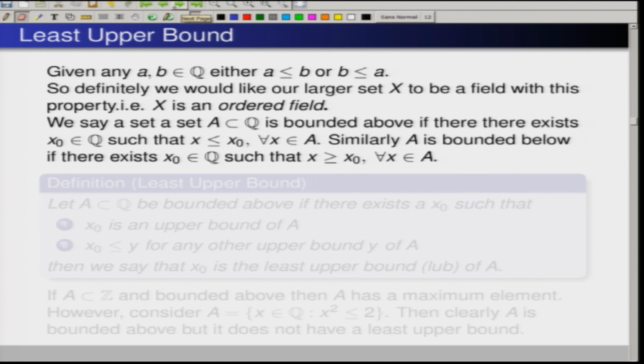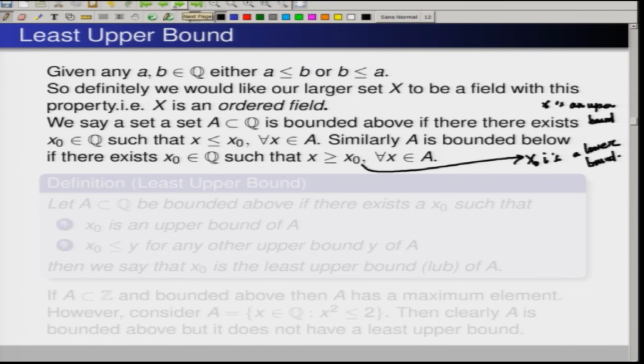Now, in the first case I will say that x naught is an upper bound, and in the second case I will say that x naught is a lower bound. Okay.